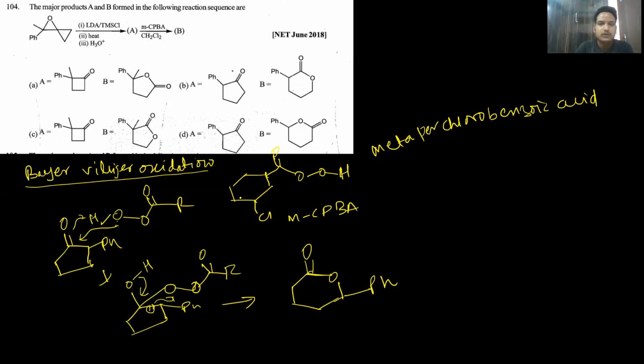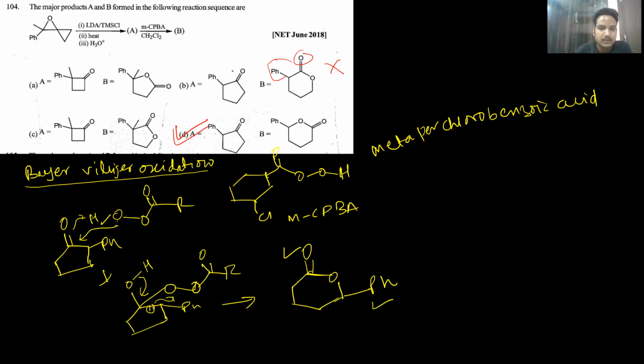So according to this, what is our answer? Phenyl, O, and phenyl are 1,3. So O and phenyl being 1,3 is the correct answer. But in case O and phenyl are 1,2, this is not the correct answer. That ends with option D. So this is the way you can get the correct answer. So why has this happened?